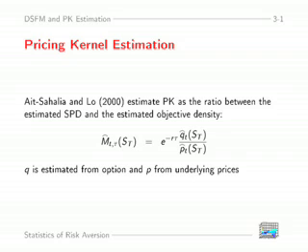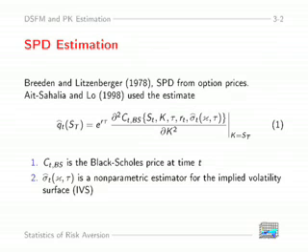And the estimation goes, again, following the Breeden-Litzenberger approach and Ait-Sahalia and Lo in 1998: the estimated state price density is the second derivative of the call price obtained with the Black-Scholes formula, where the fifth argument, the implied volatility, is smoothed on a surface, on a grid of strikes and maturities. The second derivative with respect to strike is evaluated at S_T. That's the estimator for the state price density.